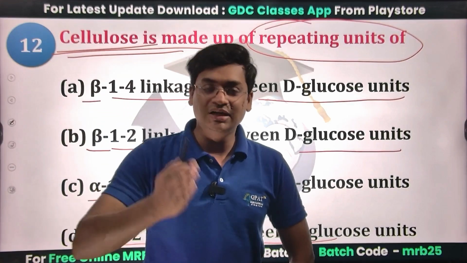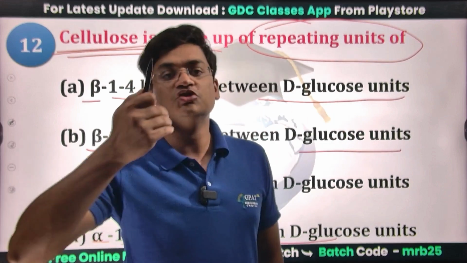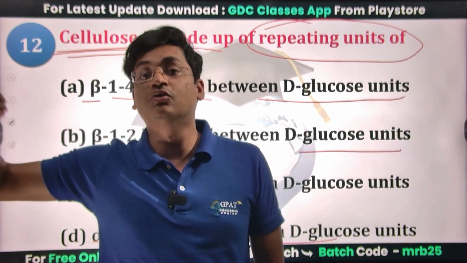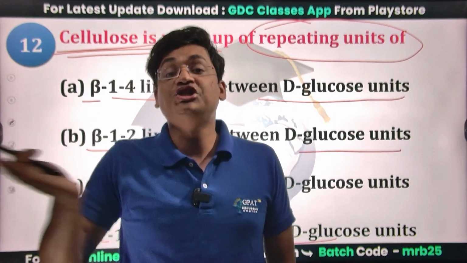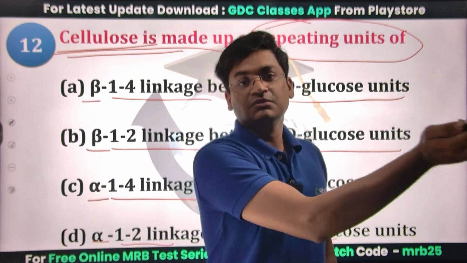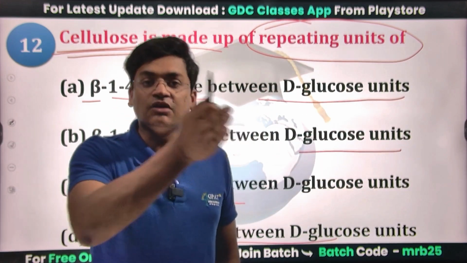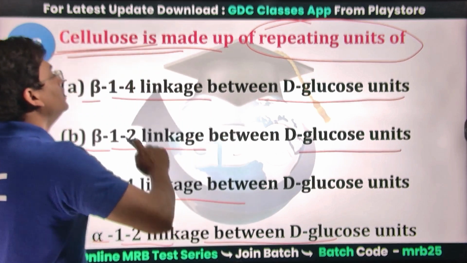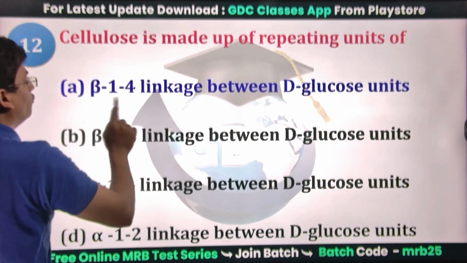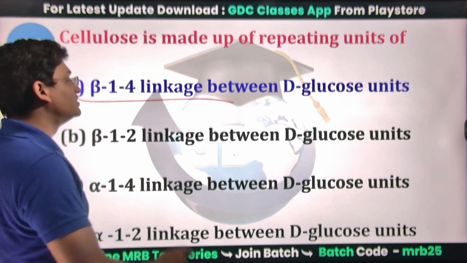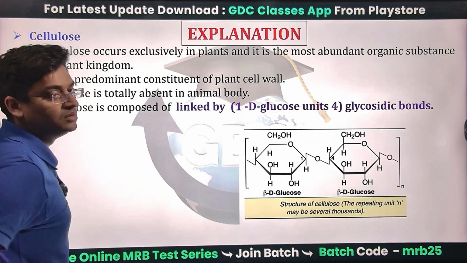It is a complete repetitive chain of beta D-glucose units with 1,4 attachments. The 1,4 linkage between D-glucose units constitutes the cellulose structure.